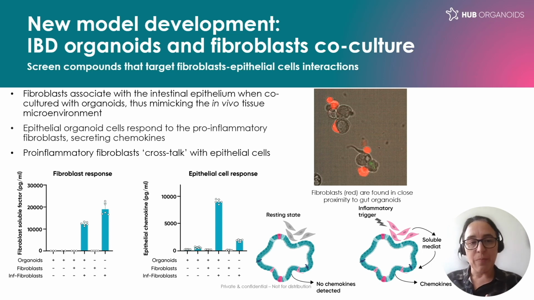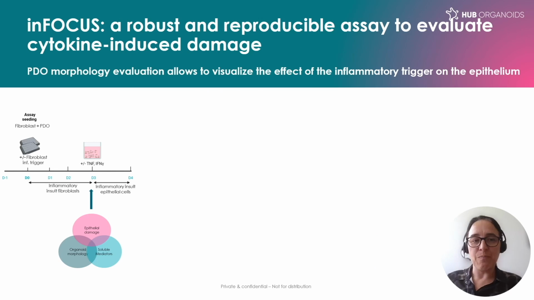So, understanding that just by measuring the supernatant we could detect a crosstalk between organoids and fibroblasts, we developed an assay with several more readouts: not only soluble mediators measured from the supernatant of these co-cultures, but also agnostic image-based organoid morphology readouts to see if there is any change in the behavior of the organoids, and a viability or cell death signal, to have an indication of epithelial damage.